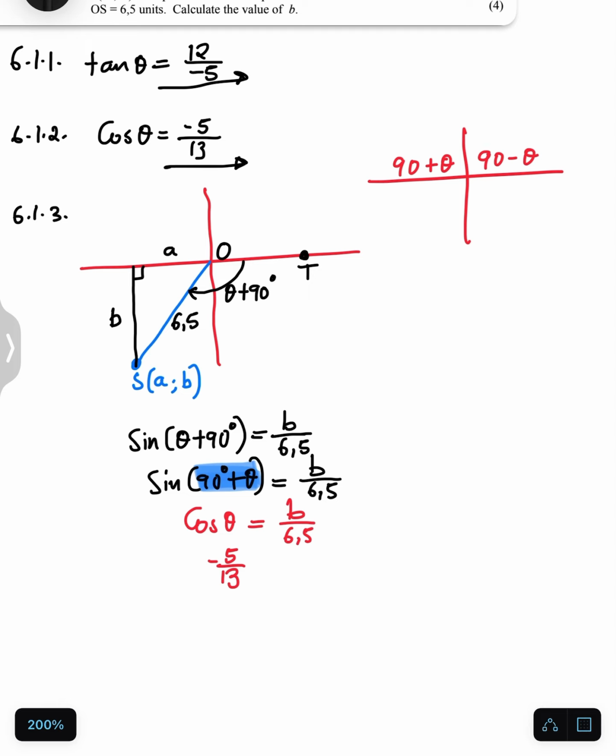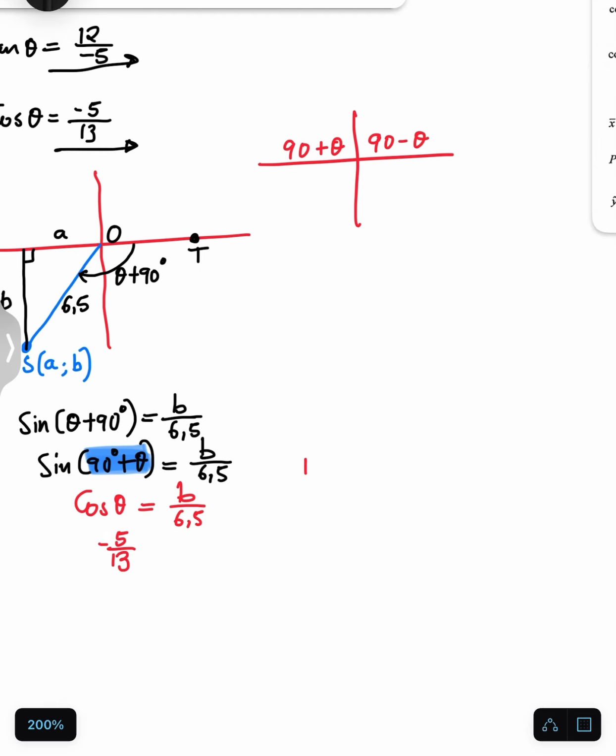Because we call these trigonometric ratios, 1 is to 3 is the same as 15 is to 45, or 25 is to 75.